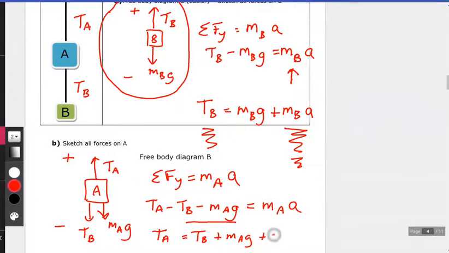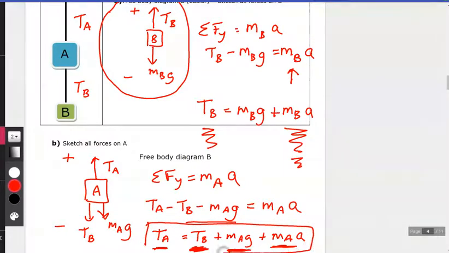The tension in A is equal to the tension in B plus the weight of A plus the acceleration of A. Let's take a look, see if I got that right. I did. Yep. Good. So there it is.